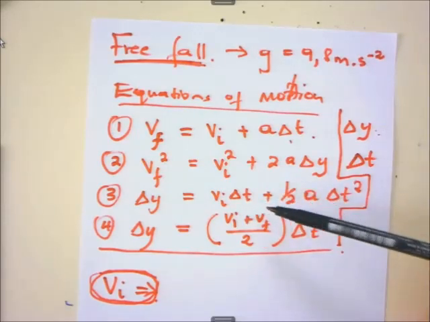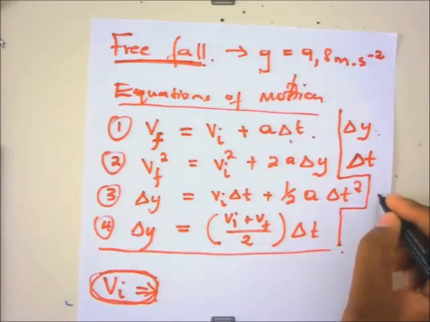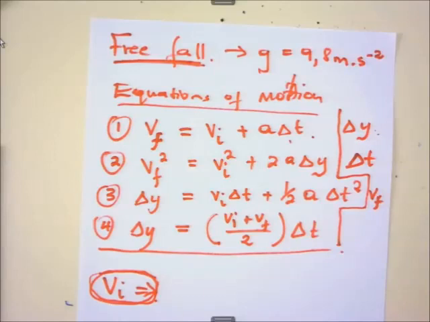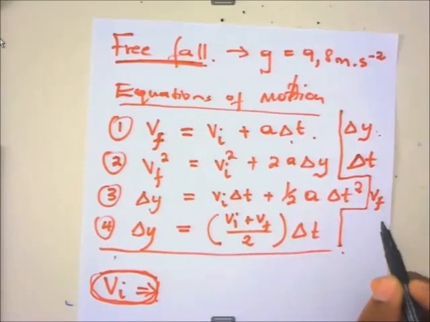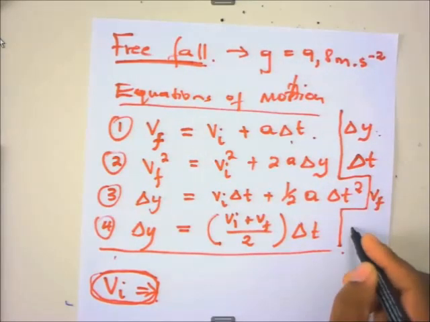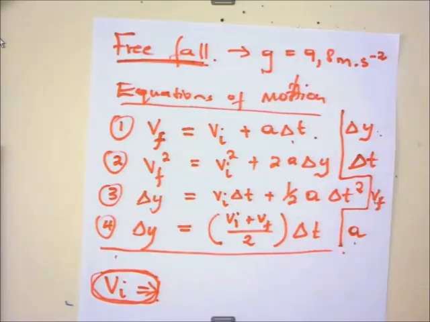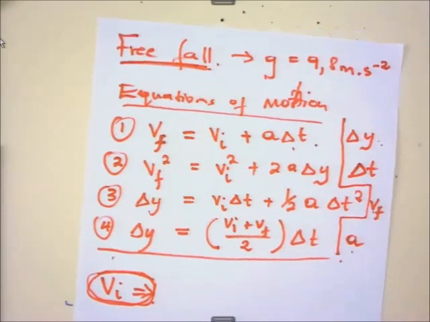Then equation number 3 does not have VF. So when you are required to calculate final velocity, you cannot use this equation because it does not have that variable. Then in equation number 4, we do not have acceleration. So all these things that are not in the equations, please do not use them.